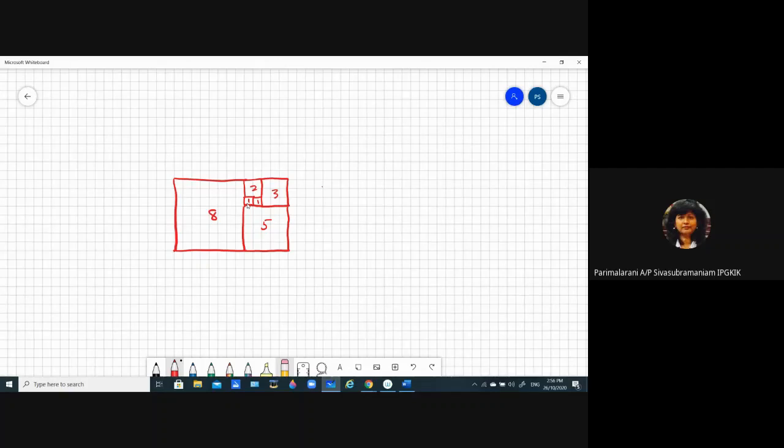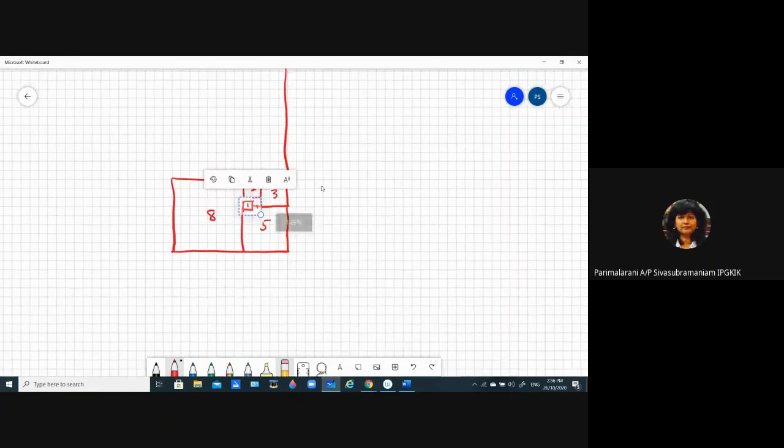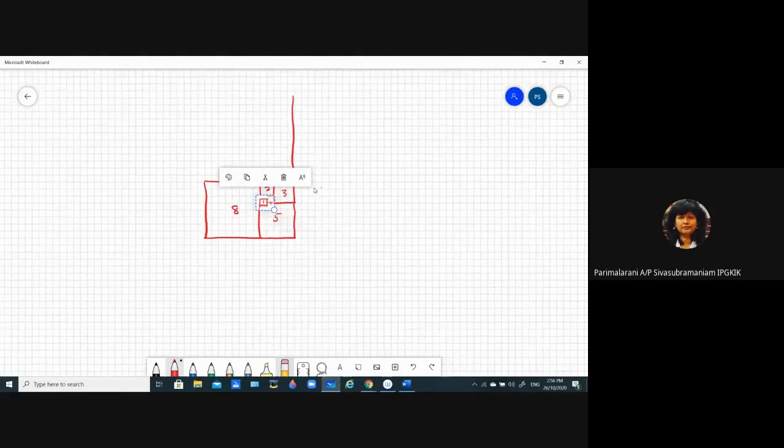So let's draw rectangle 13, right on top here. So this is 13. This is how we represent Fibonacci numbers in squares.